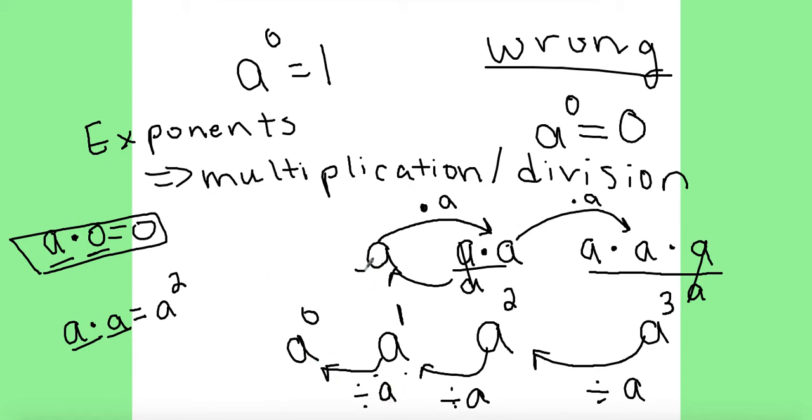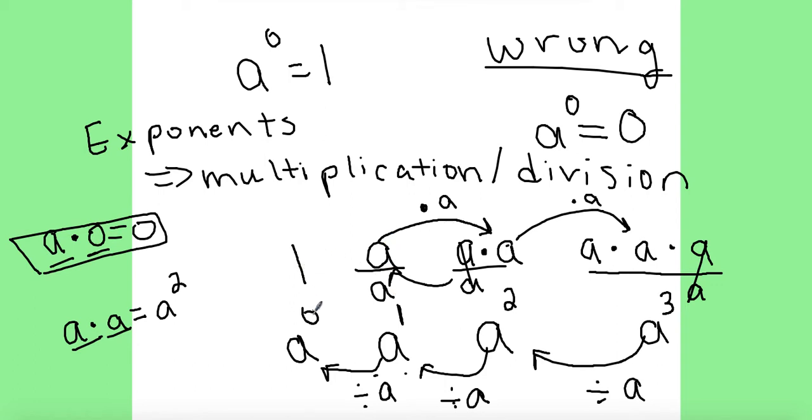Well, let's take a look at this. a divided by a. Any number divided by itself is what? 1. So this rule here ultimately comes from the definition of multiplication and division and what's going on. Okay, this is an identity. Any number divided by itself is 1.